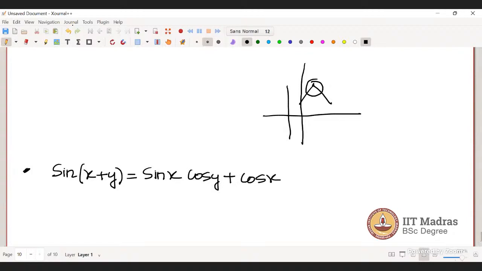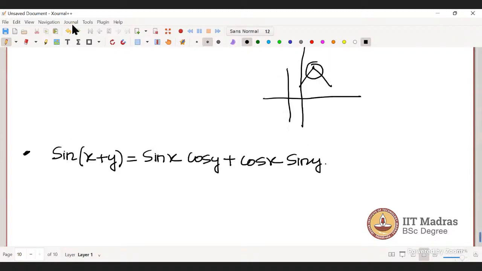No, this is given, right? You have this equality. So in the first equality, it's basically asking you whether this equality holds or not.